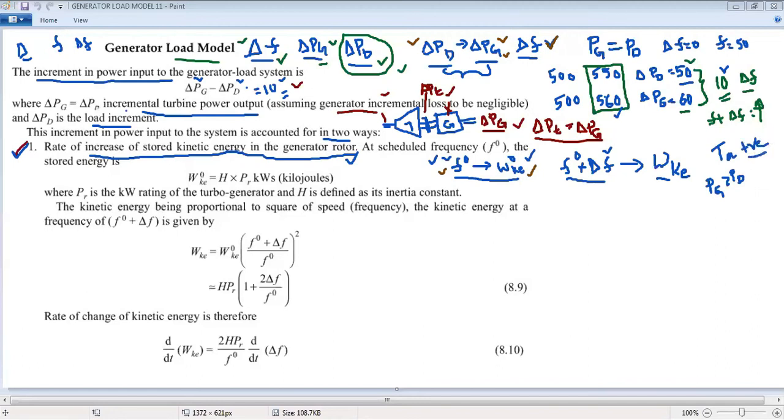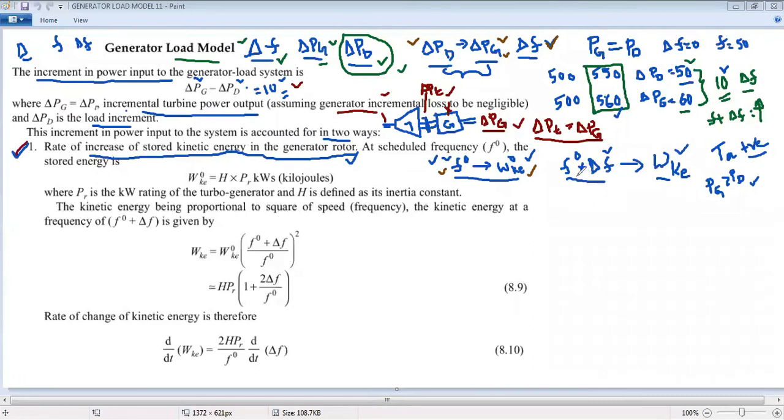Positive means we are generating more power than the load requirement, so the speed of the rotor will be increased.